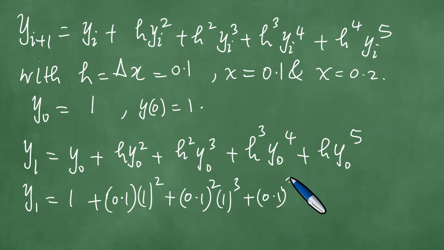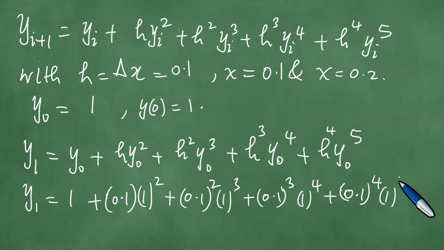And then here there's a cube on delta x, or on h, and y0 is a 1. Then h to the fourth power here, which is 0.1 to the fourth power, and y0 itself is 1, fifth power. So we can see that if the power is 2, this is 1 less. If it's 3, it's 2. If 4, it's 1 less, 3, etc.